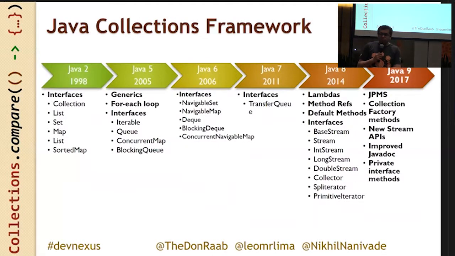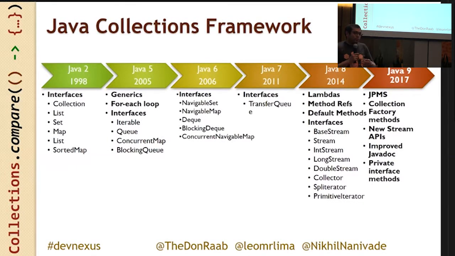Looking at a quick timeline, in 98 you got the basic interfaces. In Java 5, from basic interfaces you went into generics. This was a very big jump in the whole Java landscape. Then the next big jump was Java 8 with the streams API.